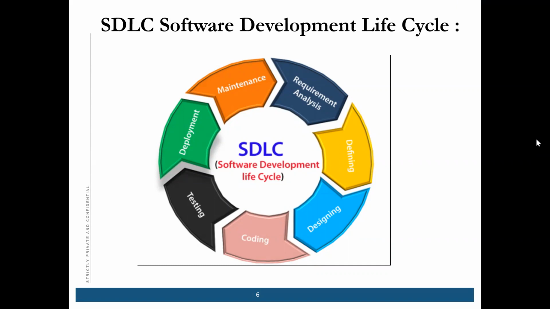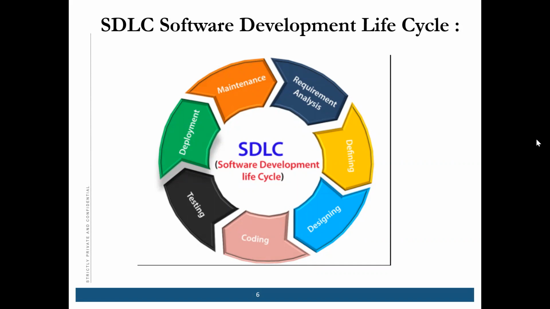Software development life cycle, as it says, is a life cycle, and we have different phases so that we should not miss any phase which is important for analysis, defining, designing, coding, testing, deployment, maintenance. So we should not miss anything.